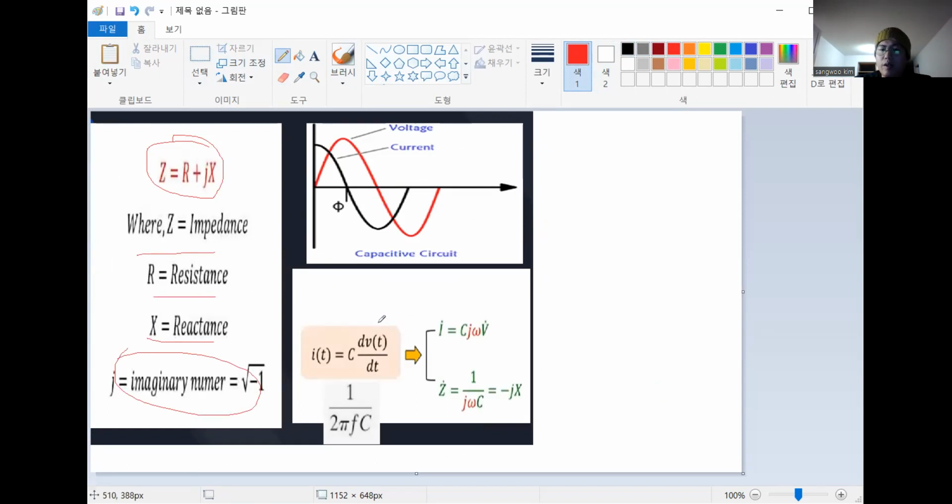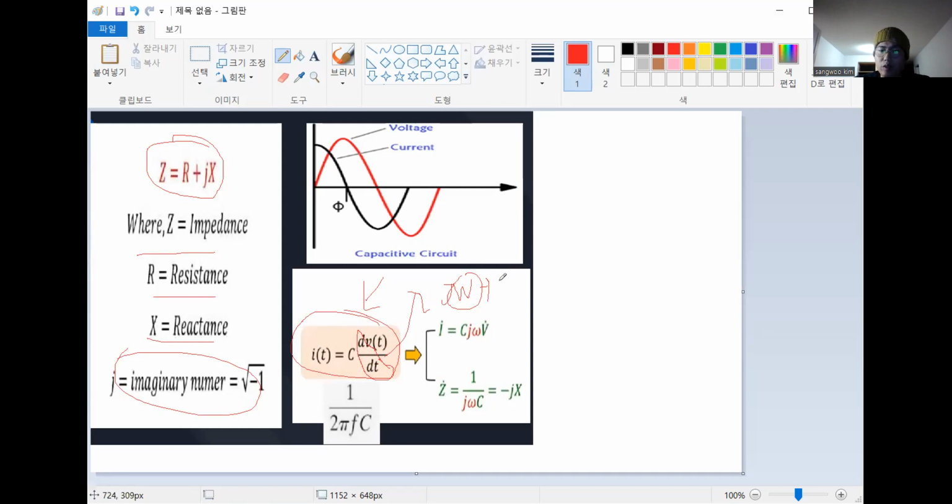For example, this equation I mentioned, we have to memorize, right? So it will be a differential. As you may remember, d/dt we can express as j omega, and omega is angular velocity, right?